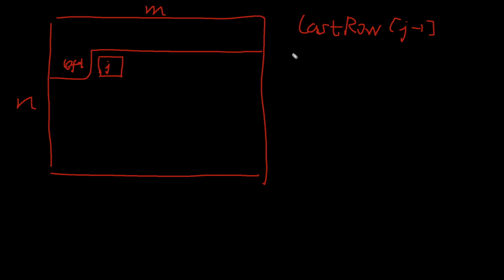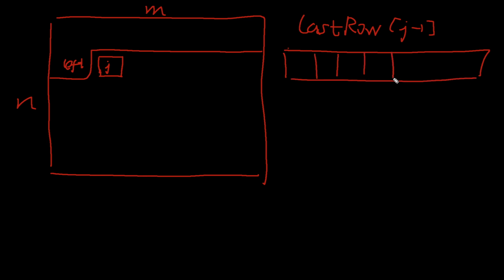Assuming we have this last row index here, this is the last row, this is m, and we're currently at here. As you can see, the left one is last row j minus 1. How about the top one, the above one? The above one is simply last row of j, because they are in the same column. That's how we get the 2 neighbors.